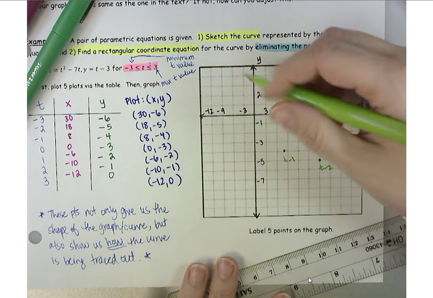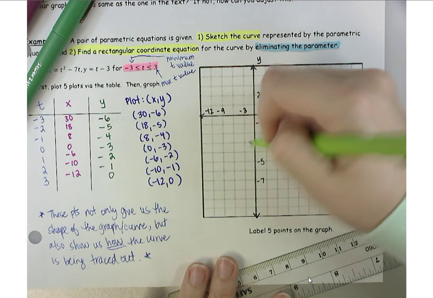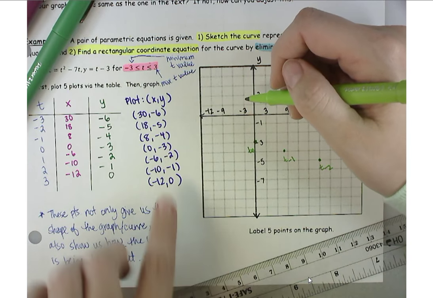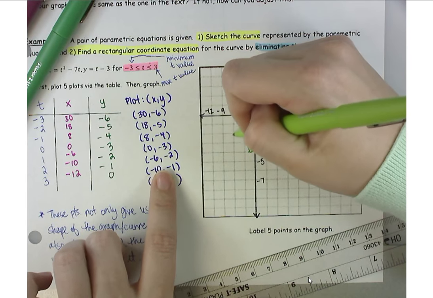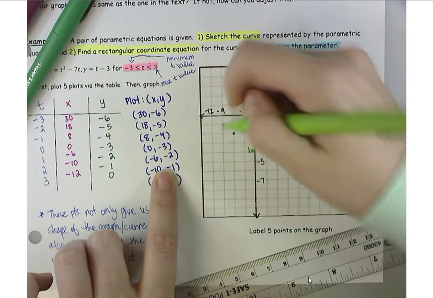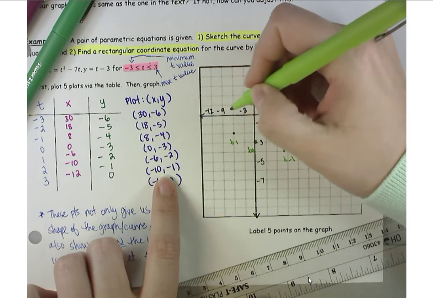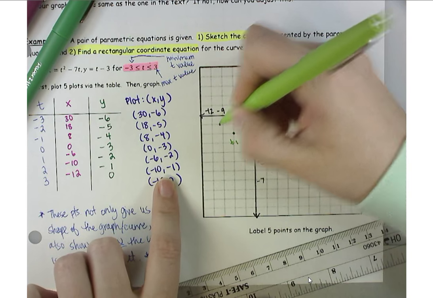And then my next one is 0, -3. And that's for T sub 0. And then I have -6, -2, which is T sub 1. And then -10, -1, which I'd estimate to be about here.